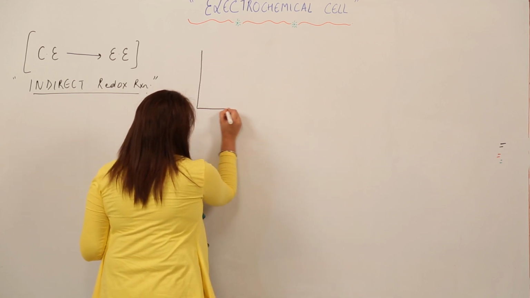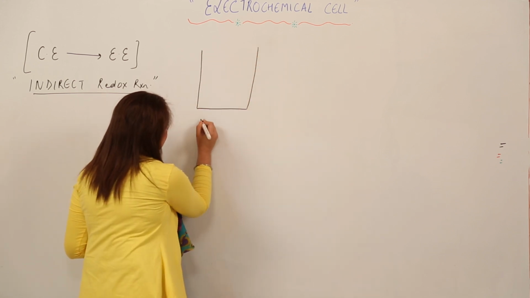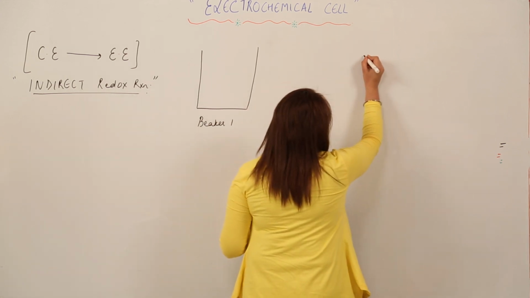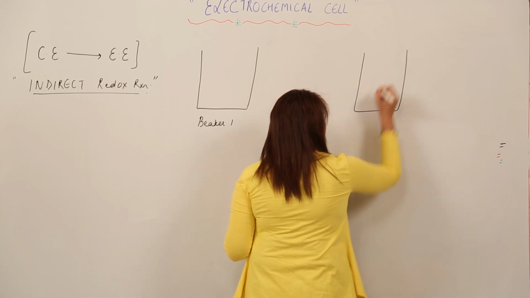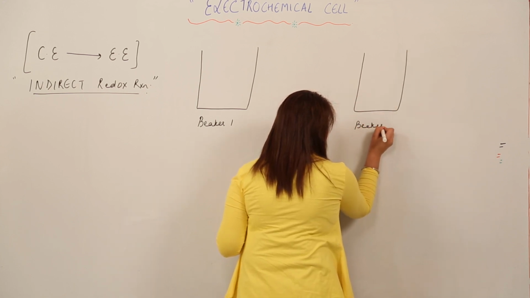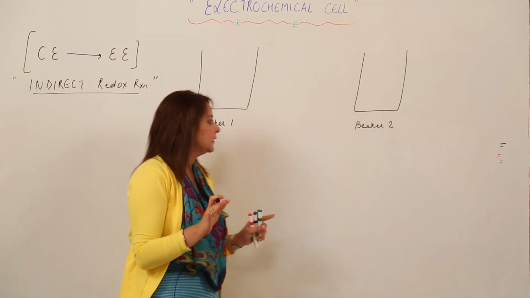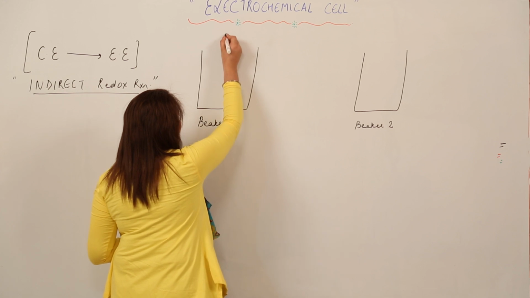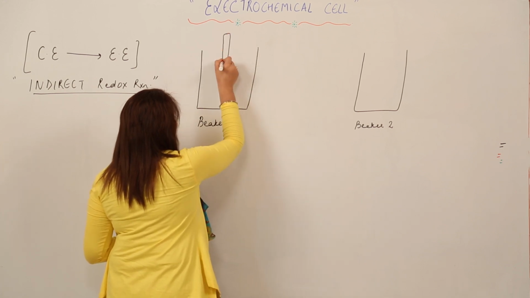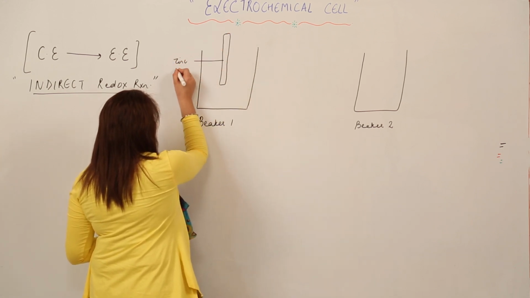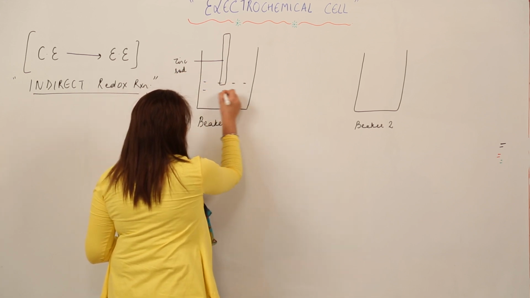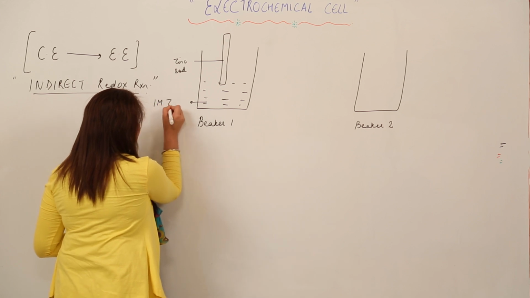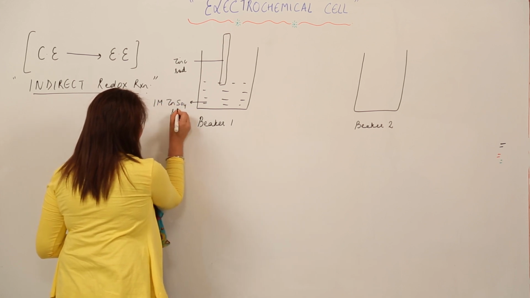It consists of two beakers. I am writing beaker 1, the other beaker, beaker 2. Is it okay? Then what we have in beaker 1: a zinc rod dipped in 1 molar ZnSO4 solution.